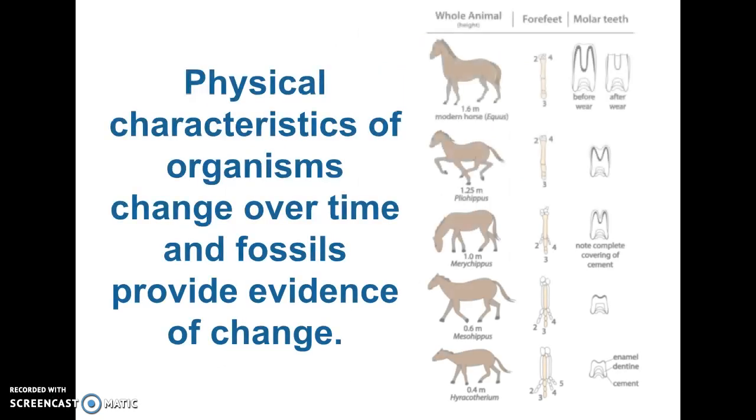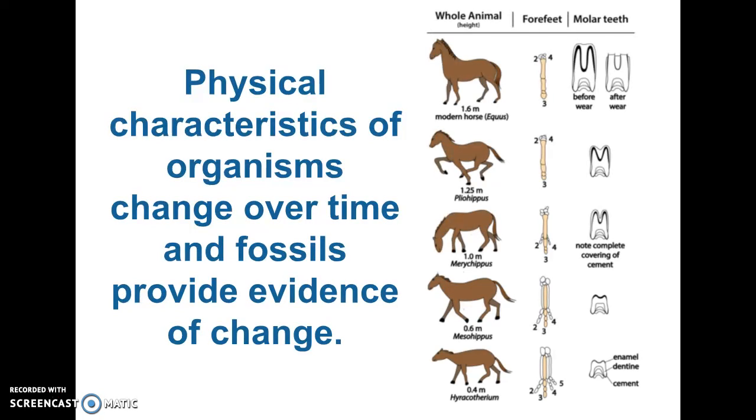So physical characteristics of organisms change over time, and fossils provide evidence of the change. So this is number 14 of your notes. Okay, and here on the right, we see the evolution of a horse. And so you can see where it started, probably millions of years ago. We have the first relative of the horse, or the first common ancestor, and it was half a meter tall, so about 1.5 feet.